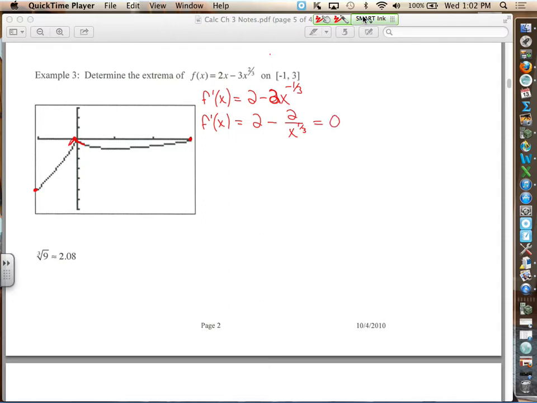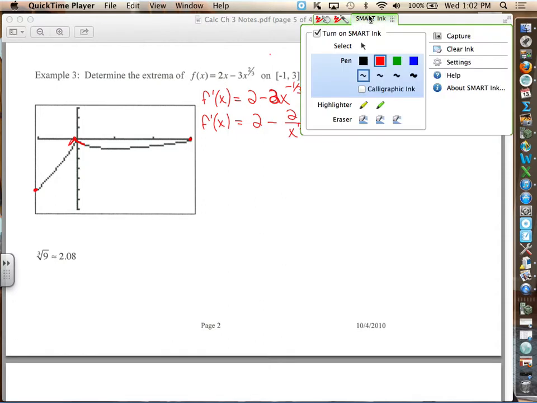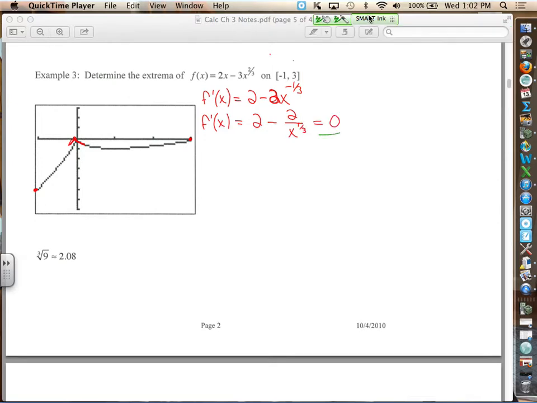So if you look at that derivative, I have a problem here. When I have this derivative, if x equals 0, I'm going to have 2 divided by 0, which is undefined. So this is a critical number because the derivative is undefined.